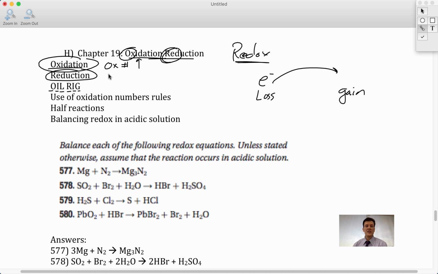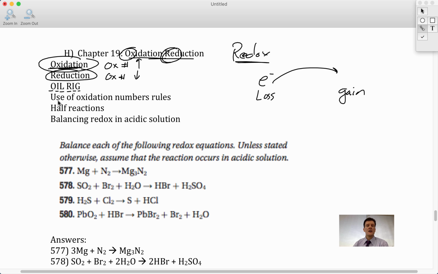For reduction, the oxidation number will go down. Okay? So oxidation means it's going to lose electrons. Losing negative electrons increases its oxidation number. Reduction means it's gaining electrons, negative electrons, so its oxidation number is going to go down.